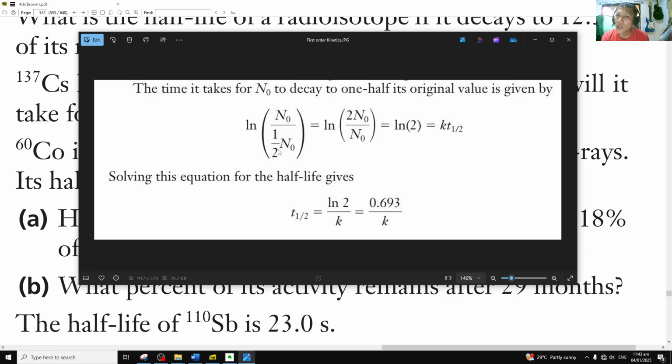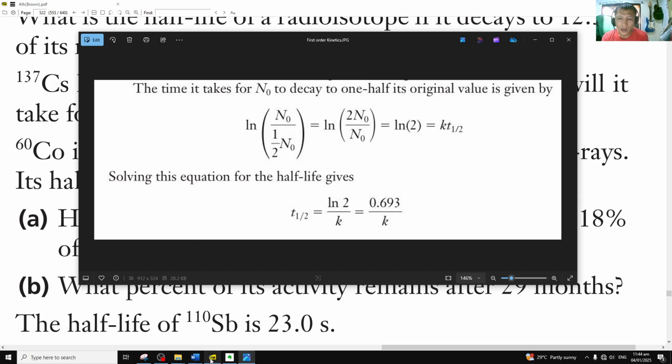This is the new concentration at that half-life. If it is not half, we can still use that one, because your N0 is mole per liter, and this is the ratio of the original over your new at a particular yield.